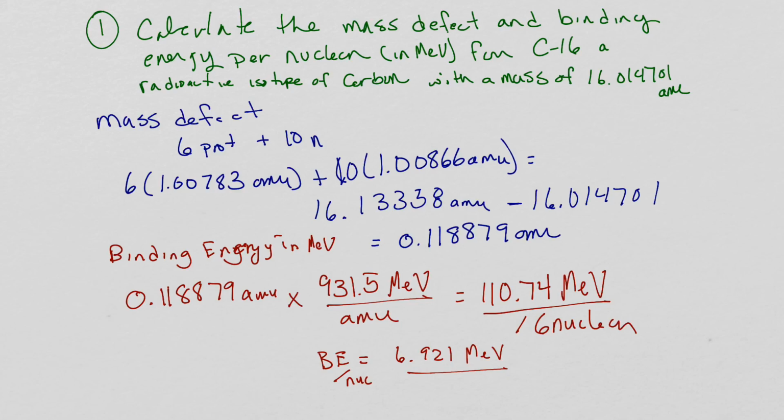It's not surprising that the mass of the nucleus is often not the same as the number of nucleons, because of this mass defect. And it is the energy that comes out of this that allows the nucleus to stay together. So the bigger that mass defect is, the larger the binding energy is, and the more stable the nucleus is going to be.